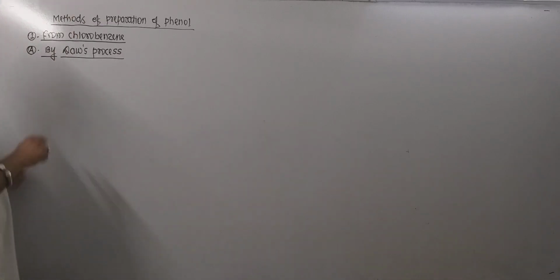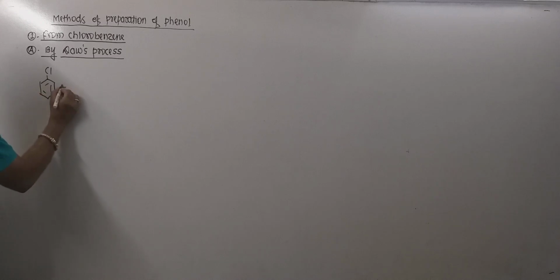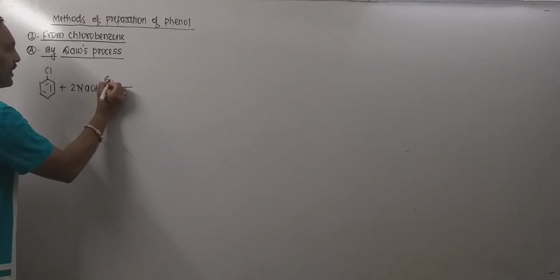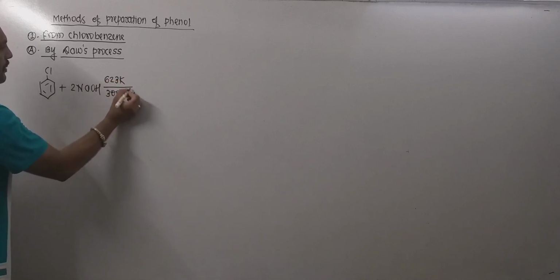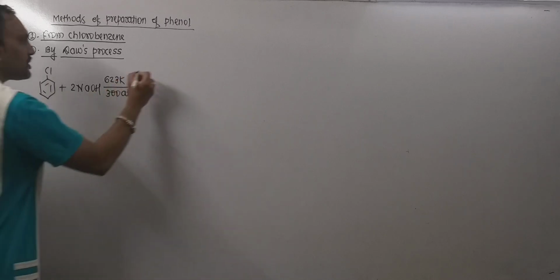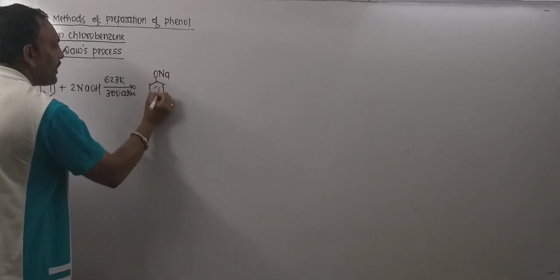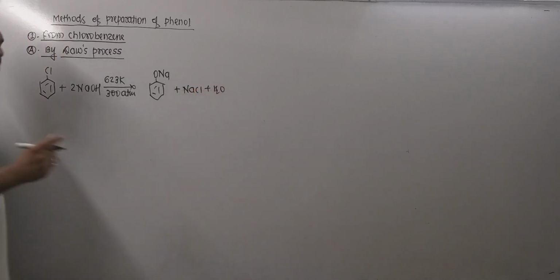First of all, by the DOW process. In the DOW process, chlorobenzene is heated with NaOH, that is sodium hydroxide, at about 623 Kelvin and 300 atmospheric pressure. In the very first step, sodium phenoxide is obtained along with NaCl and H2O as side products.